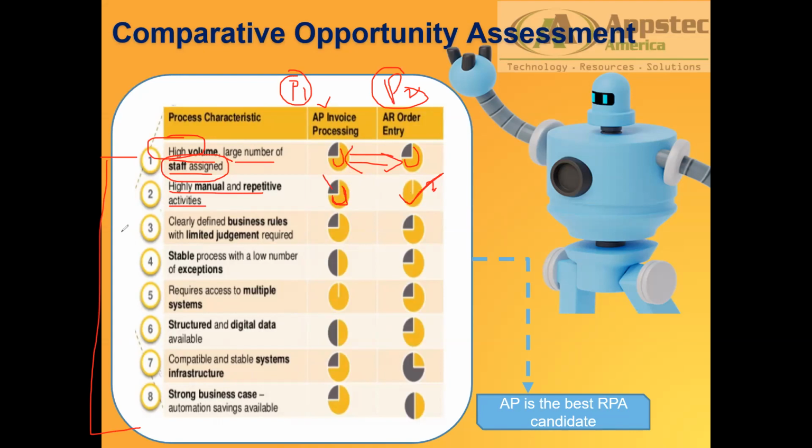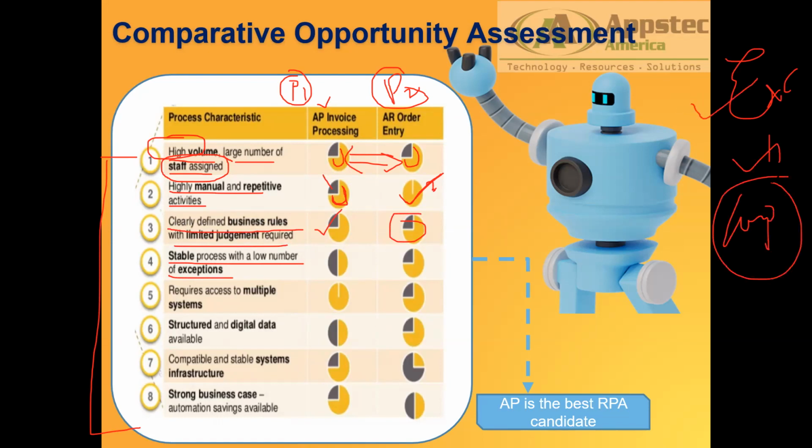Like this, we go on with clearly identified business rules and limited judgment: whether the business rules of this process are completely defined, and what the status is. Then a stable process with a lower number of exceptions. Which process has more exceptions? Remember this formula: exceptions are directly proportional to complexity. The more exceptions I have, the more complex my process is.